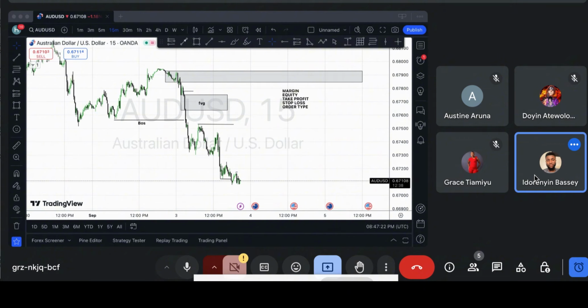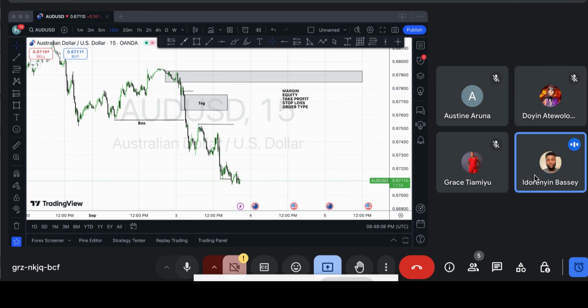In forex trading, take profit is a term that refers to the predetermined level at which you set an order to automatically close a trade with a profit.